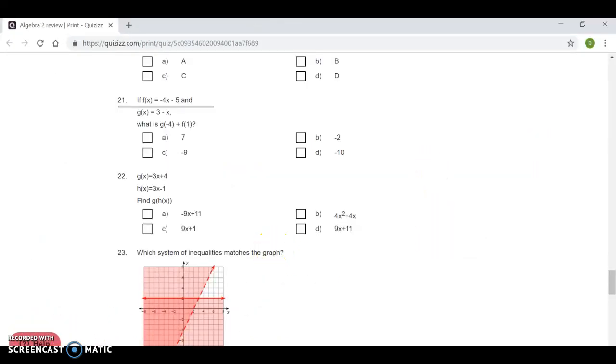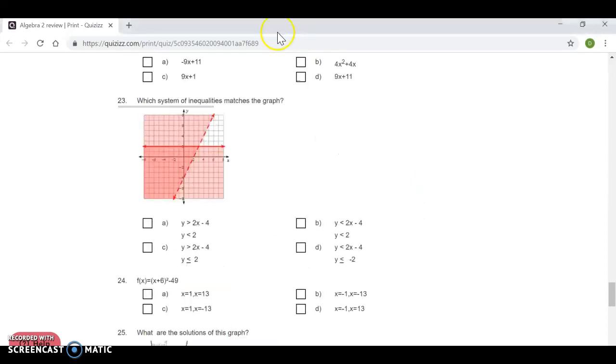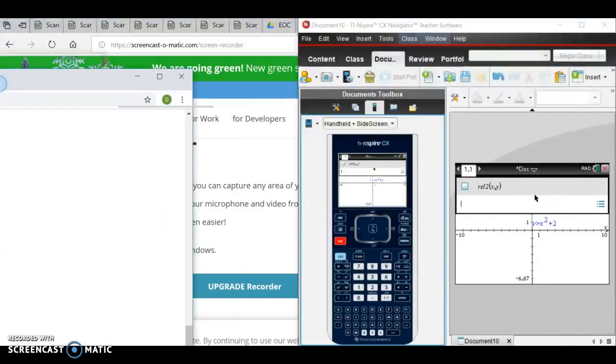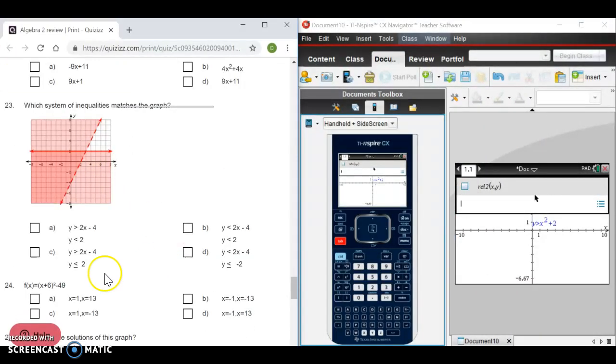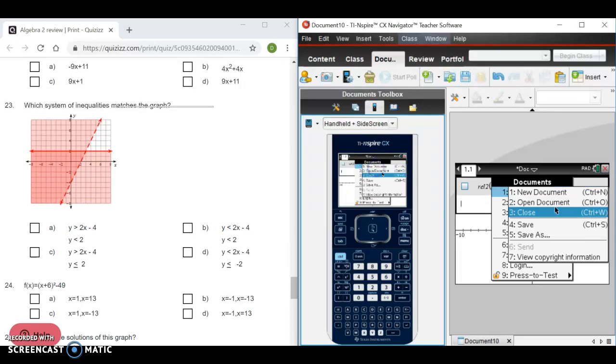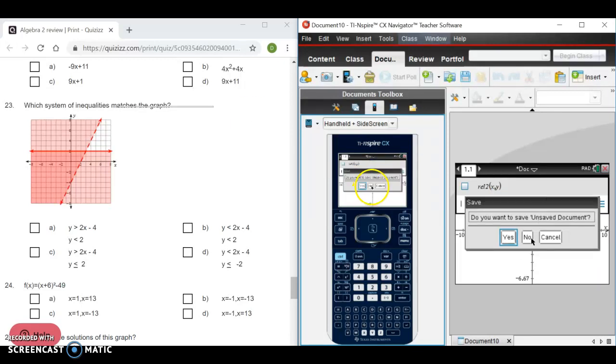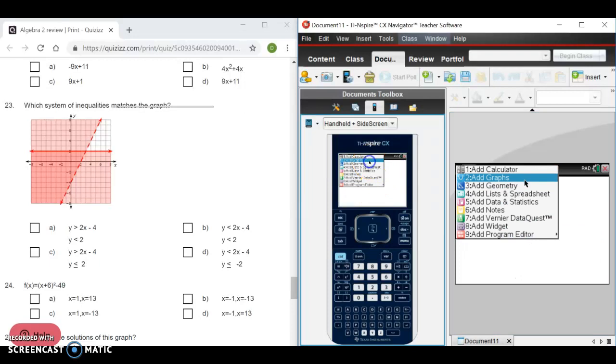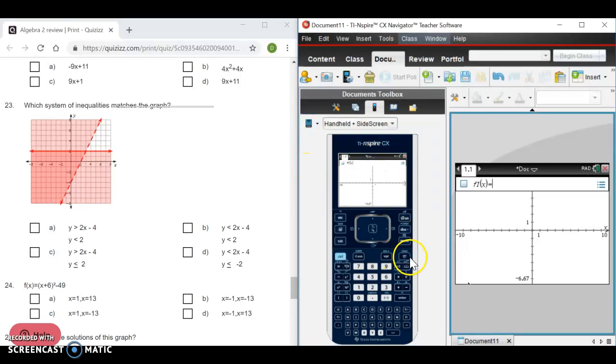All right, so from here, for this problem, all you have to do is kind of do what I did earlier. You go to your graph, and you're going to graph each one of these separately.